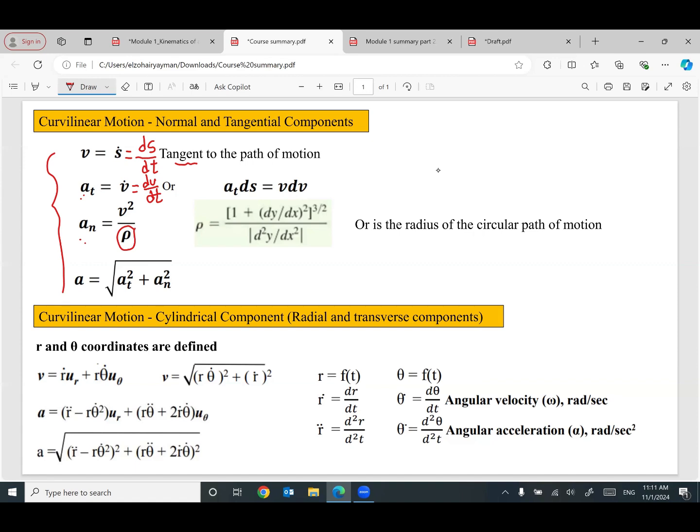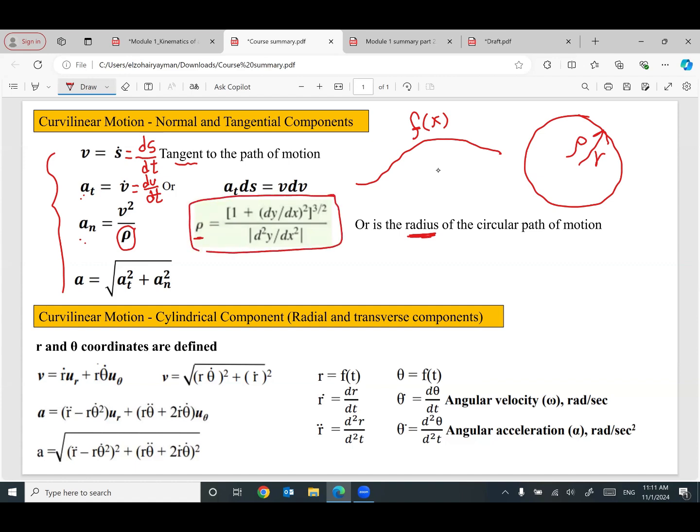Rho is the radius if you have a circular motion, your motion in a circle. In this case, rho will represent the radius of this circle. Or if you are moving in a curve that is not a circle, this curve will have a function, f of x. Then your rho can be determined using this expression.